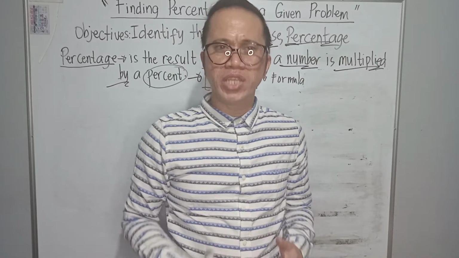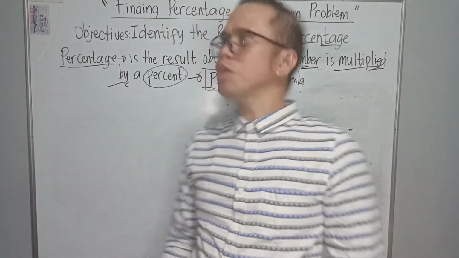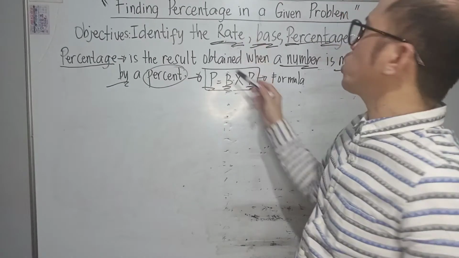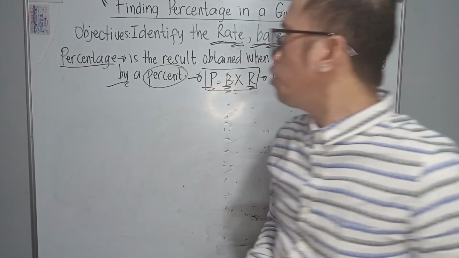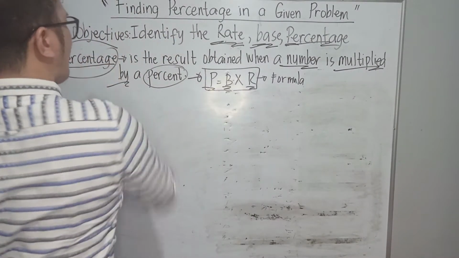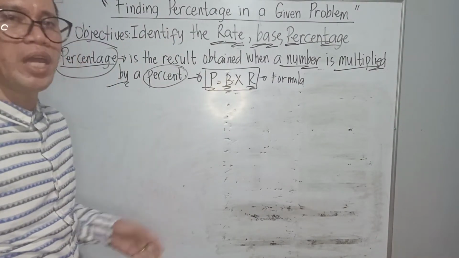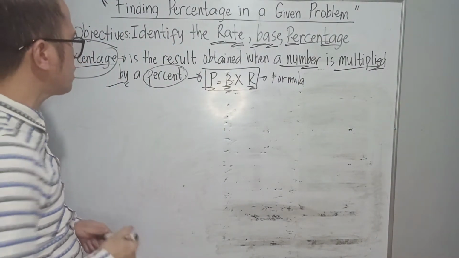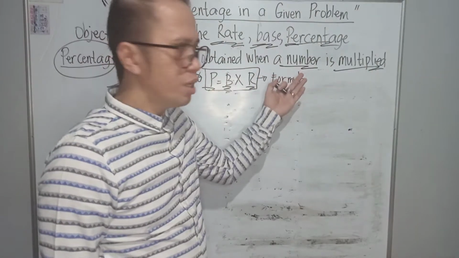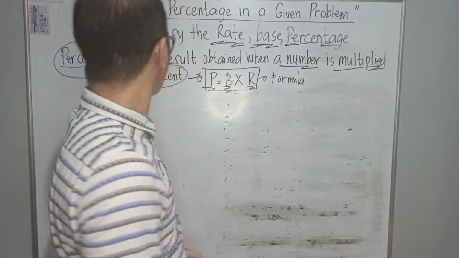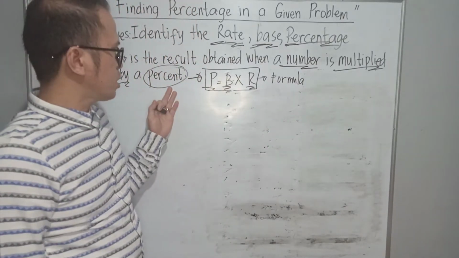Today, we're going to continue our lesson, which is all about finding percentage in a given problem. This is part 2. Remember, percentage is the result obtained when a number is multiplied by a percent.